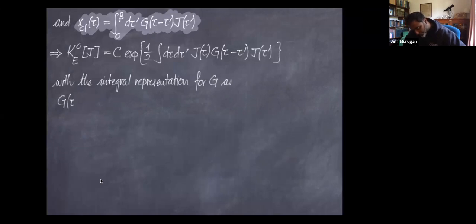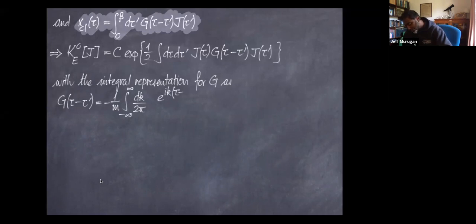G of tau minus tau prime is minus 1 over m, integral from minus infinity to plus infinity, dk over 2 pi with some normalization for our Fourier transform, e to the i k tau minus tau prime over k squared plus omega squared.